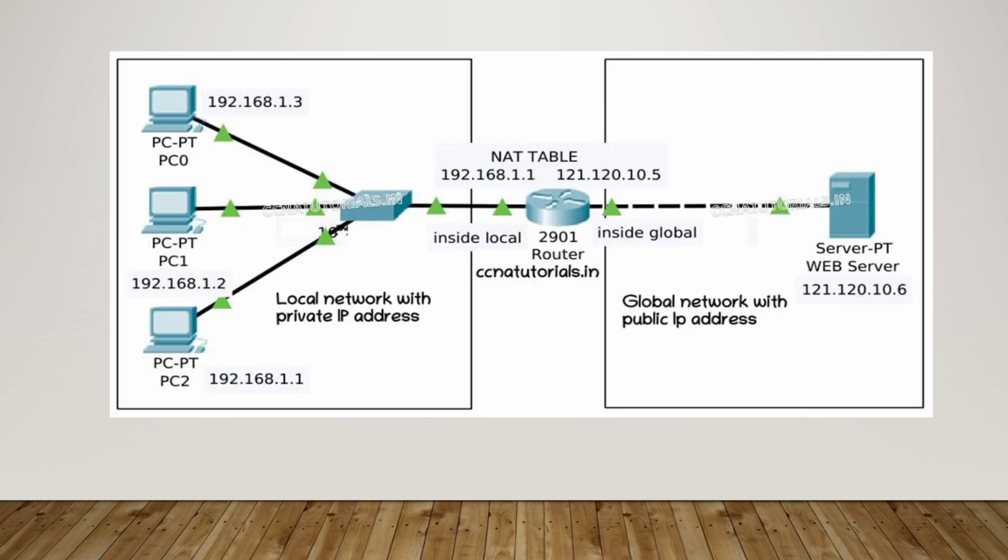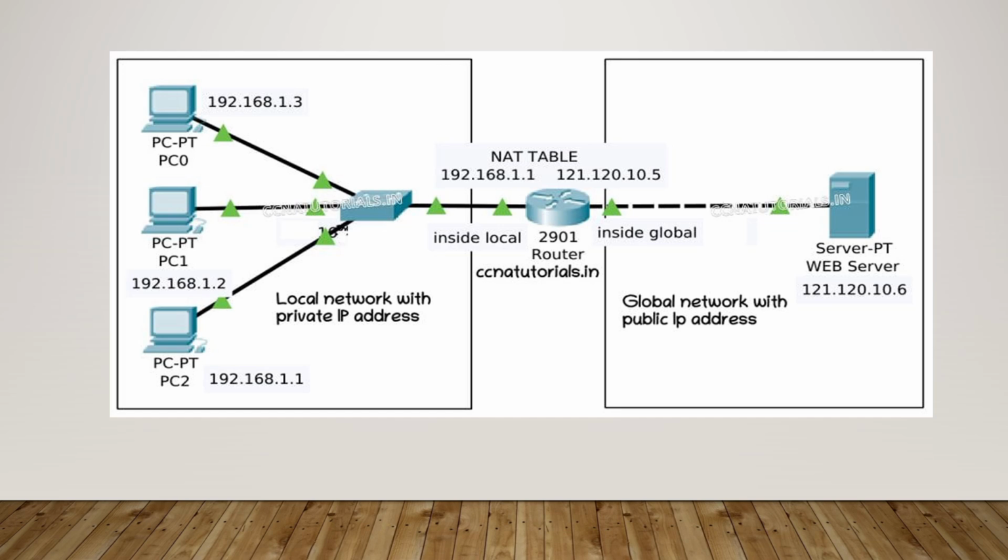Here we see the diagram of the network address translation table. In this diagram, there are basically two parts. One is the local network with private IP addresses and the other is the global network with public IP addresses. A local network with private IP addresses is a setup where devices are connected within a network and are assigned IP addresses that are not routable on the public internet.